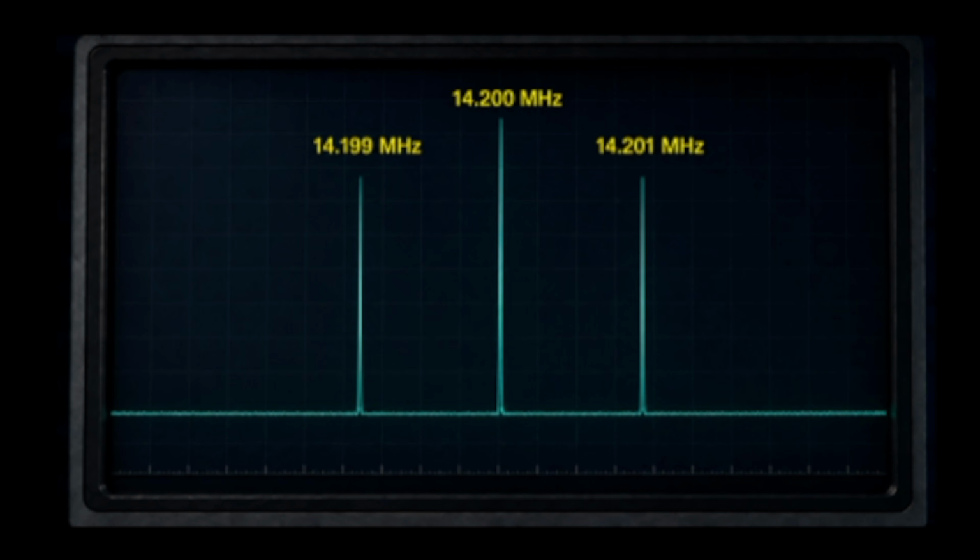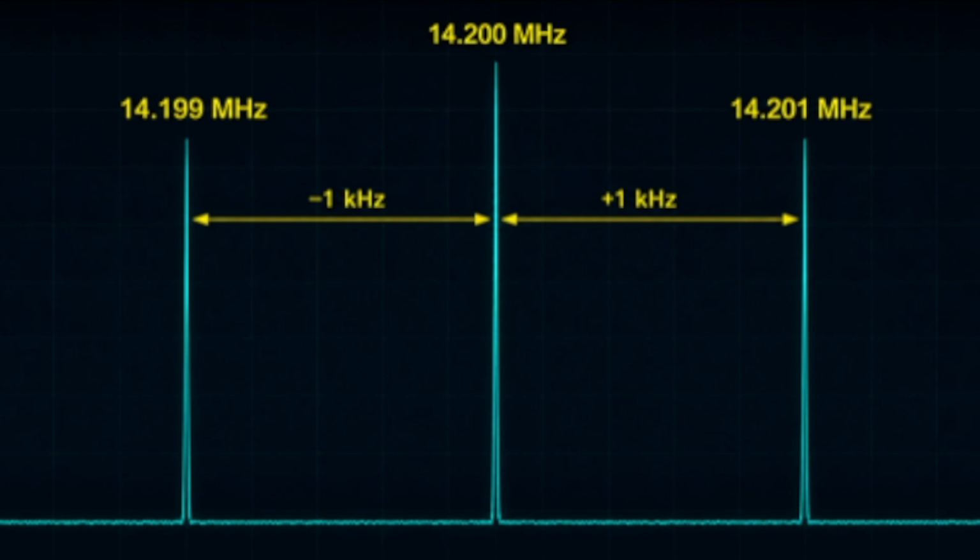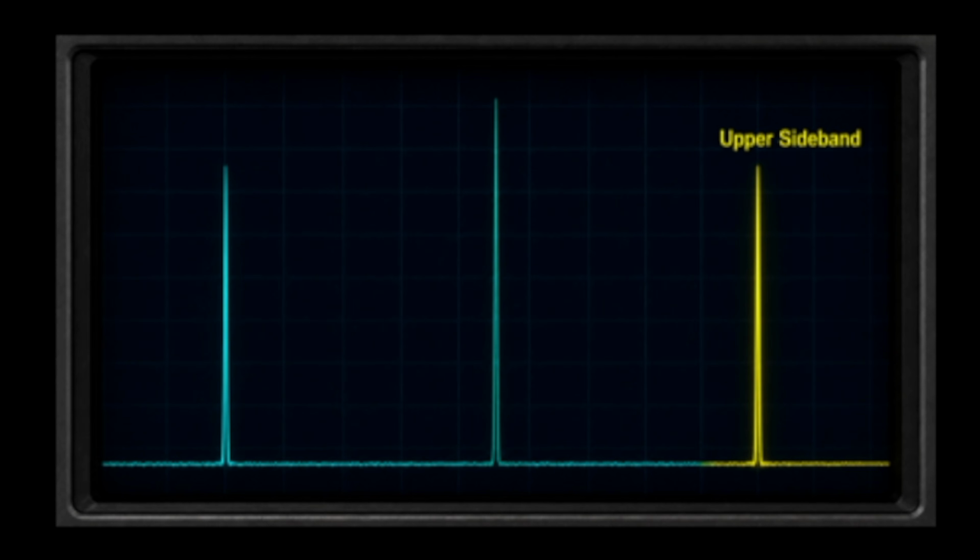One appears exactly 1 kHz above the carrier, the other appears exactly 1 kHz below it. One above, one below, perfectly synchronized. The modulation process itself created these new radio frequencies.